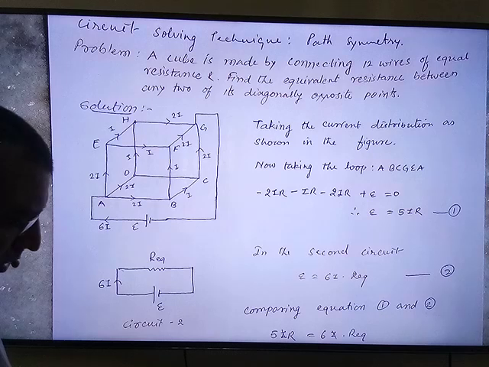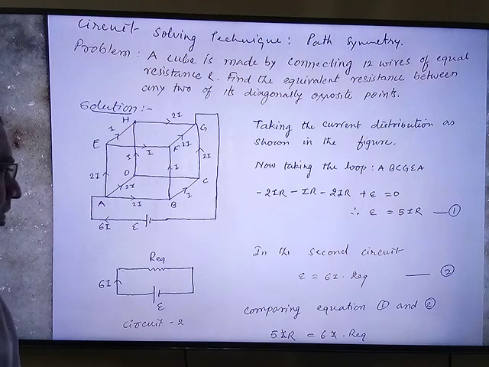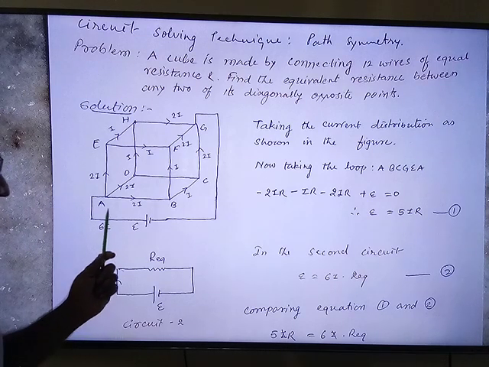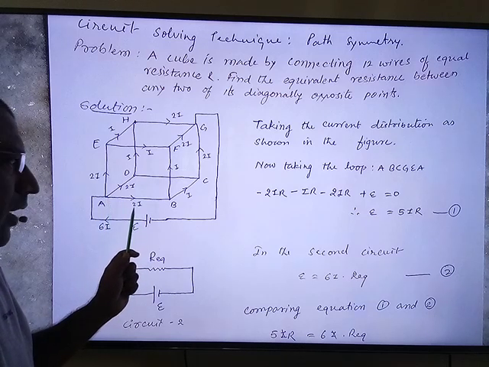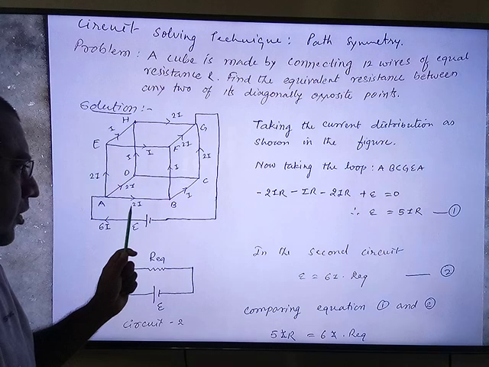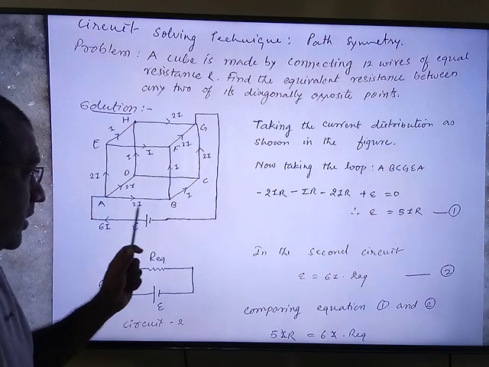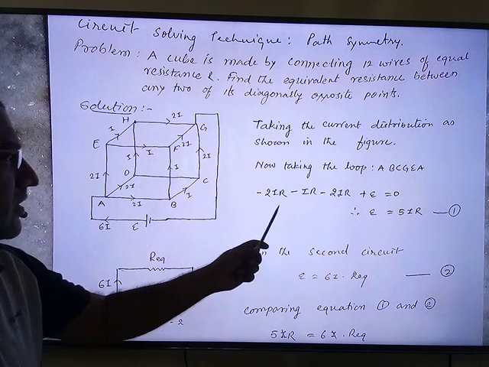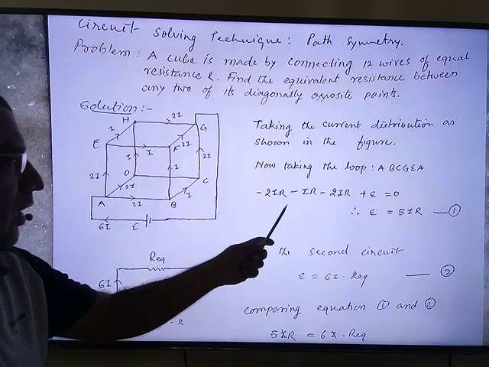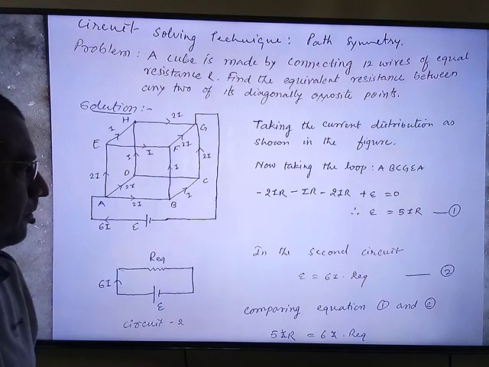Alright, so let us start with point A. If I start from point A to B, I have resistance capital R and 2I amount of current is flowing through it. So the IR product is 2IR, and as the current is flowing in the direction I traverse, the IR product is negative, and therefore this minus 2IR appears here.